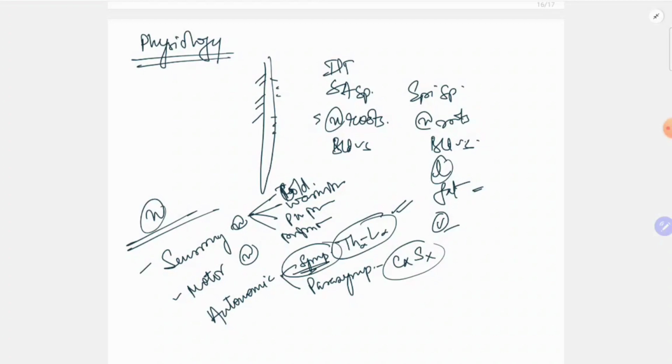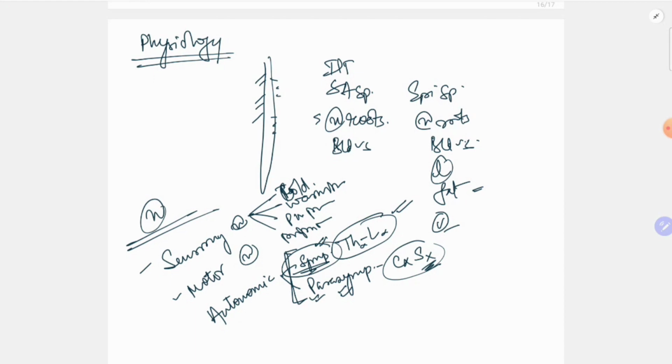Whereas when we give a saddle block, where we are concentrating all the drug in the conus medullaris, in the sacral supply, the sacral nerve roots, then parasympathetic gets blocked. And both of them have a balance. So if one is blocked, the other will predominate. And this is one of the basic reasons why we have so many hemodynamic events that follow as a consequence of spinal or even epidural anesthesia.